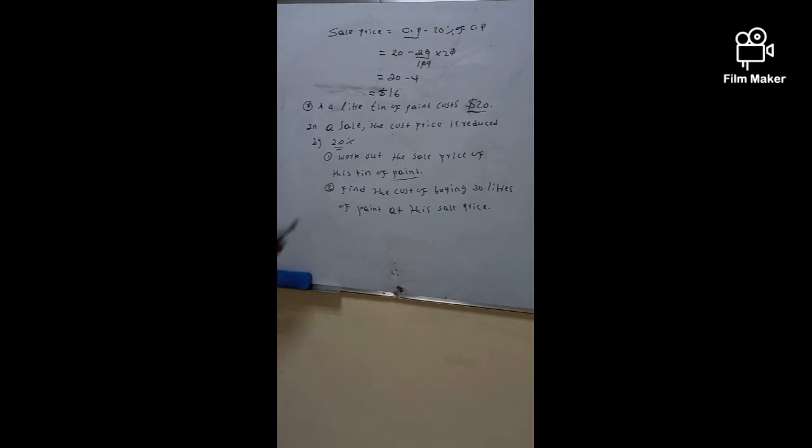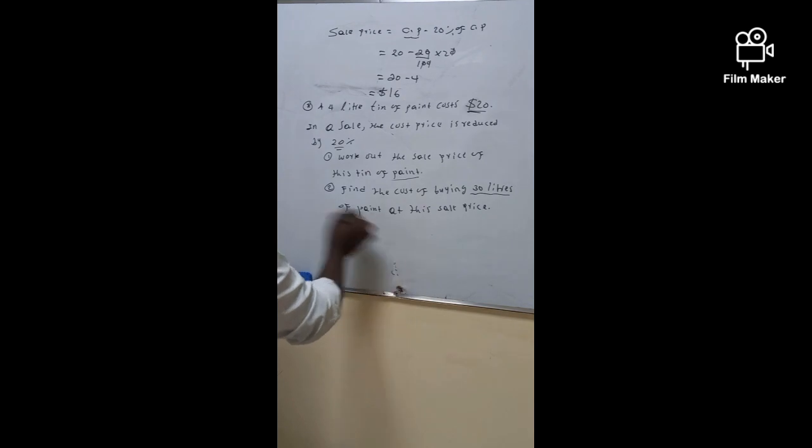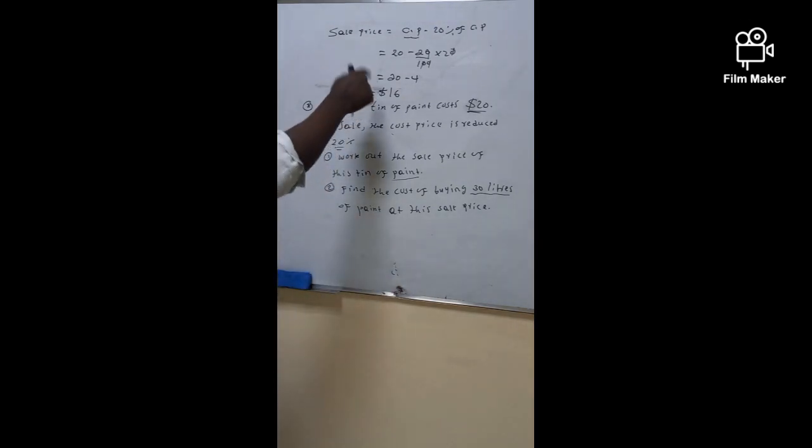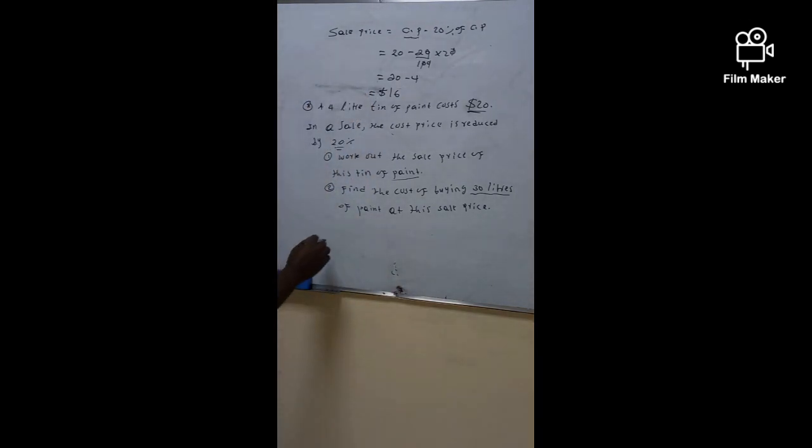Now the sale price of this paint is going to be $16, because we have sold it by reducing 20% of the price. For the next part, find the cost of buying 30 liters of paint at the same price. You are asked to find the cost.